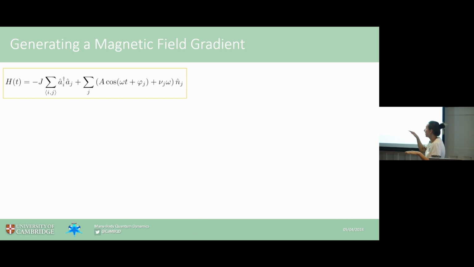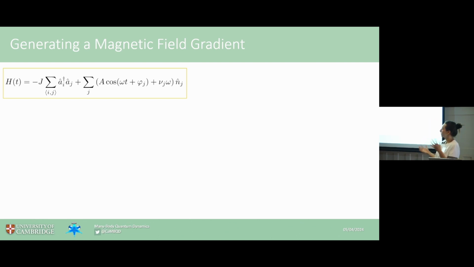However, we can restore tunneling by driving one of the sites with some modulation frequency that is resonant with the offset. In that case, the atom can pick up some phonon from that drive in order to restore tunneling.